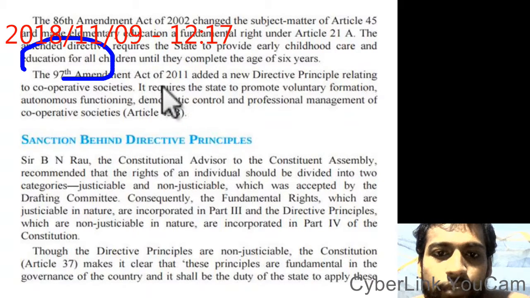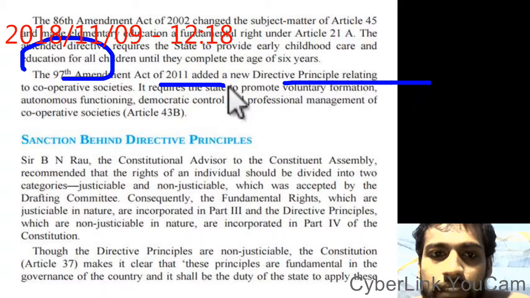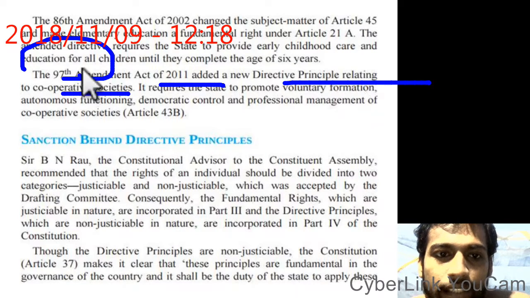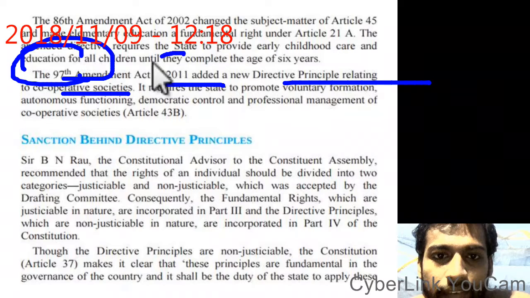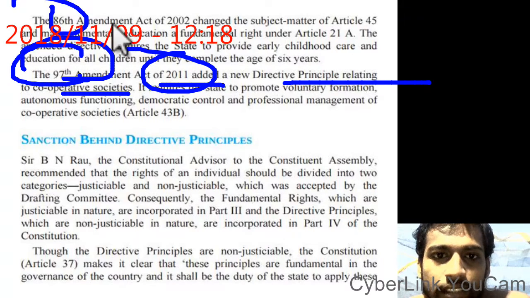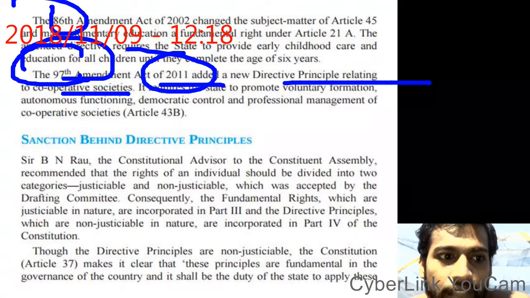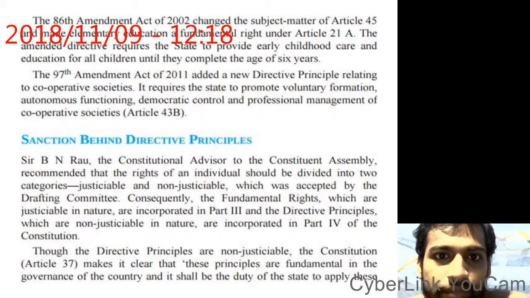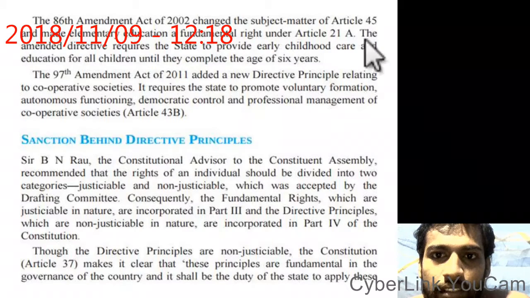The 97th Amendment Act of 2011 added a new directive principle related to cooperative societies, Article 43B. The 86th Amendment Act of 2002 is also important, with Article 45 describing elementary education, which is a fundamental right under Article 21.